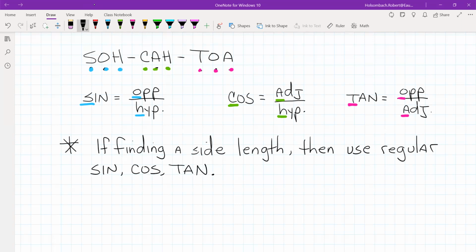If you're finding a side length, use regular sine, cosine, and tangent.